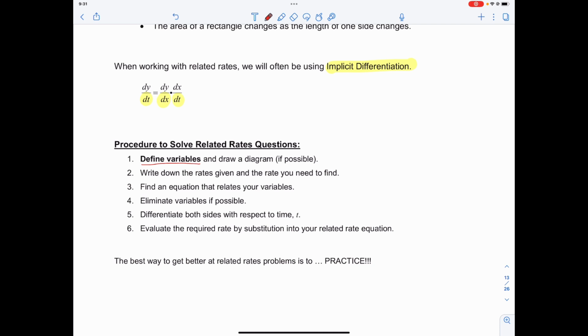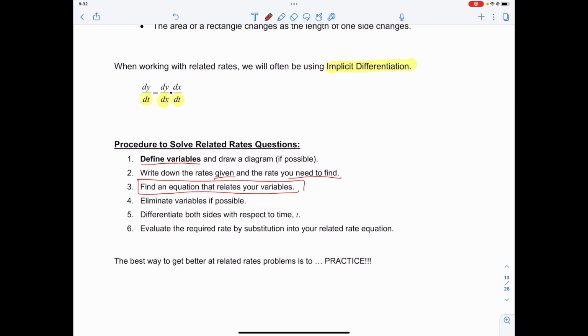Now, it doesn't have to be overly complex, but the more complex the question gets, the more the diagram is going to be necessary. 2, you need to write down the rates that you're given and the rate that you need to find. 3, we're going to find an equation that relates your variables. Now, for today's lesson, we're primarily looking at some of those three-dimensional objects or two-dimensional shapes, because it's all related around geometry that we covered in grade 10.